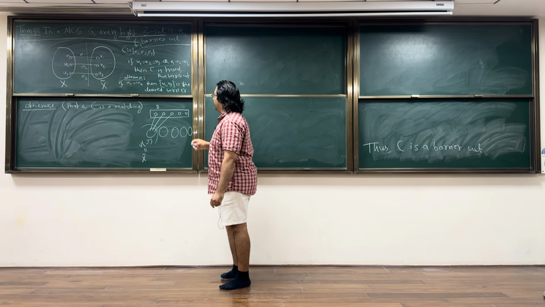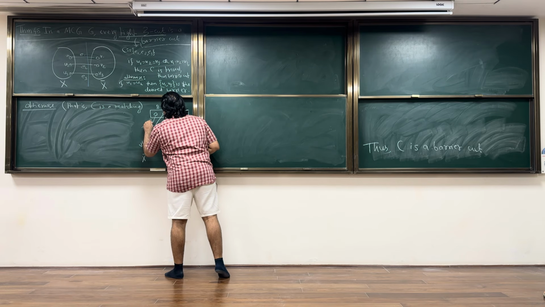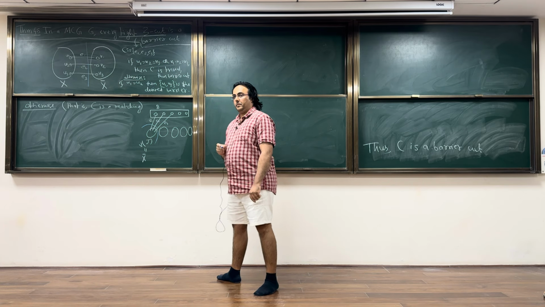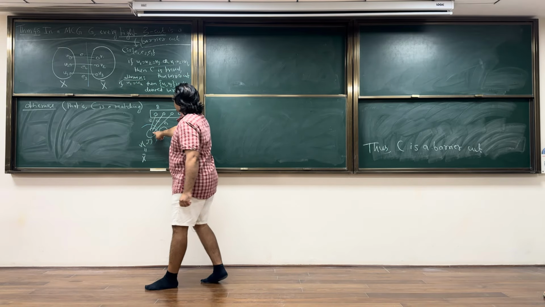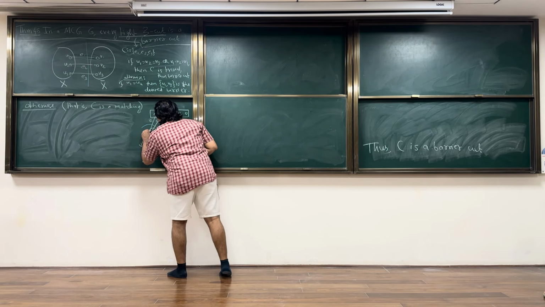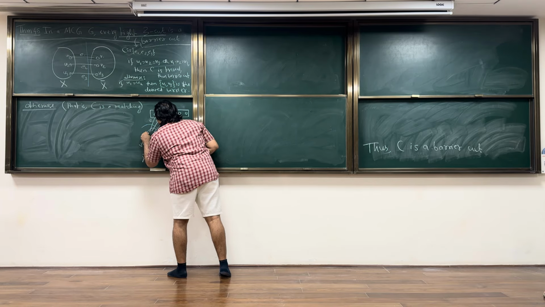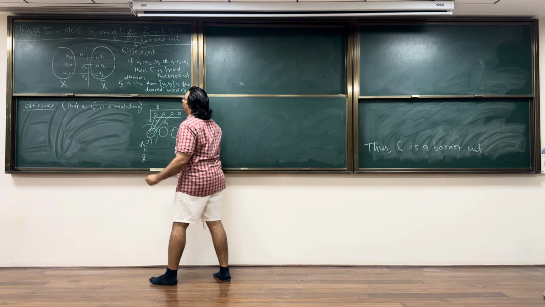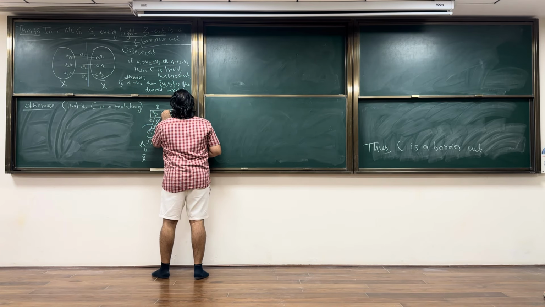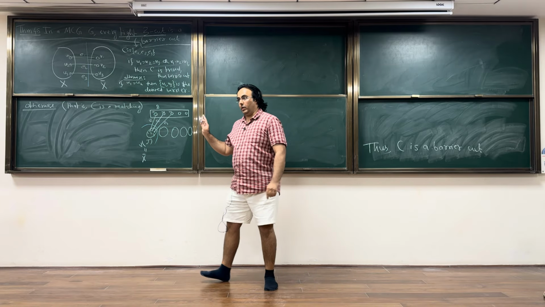These should be my three edges E1, E2, E3. And because this is my X bar, by adjusting notation, these are V1, V2, V3. Let me just draw them as well. And therefore the U1, U2, U3 are these vertices. This is what I want.